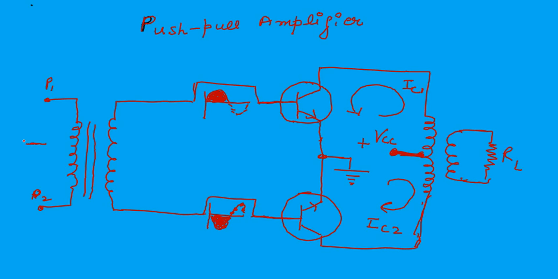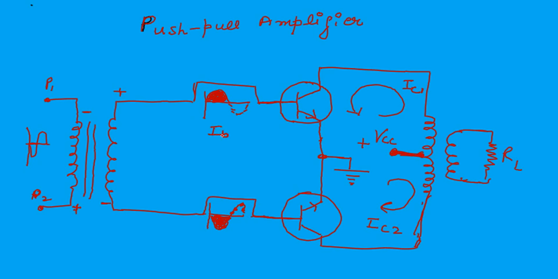Here the input signal is arriving at the primary of the transformer, and because of mutual induction, the signs come here as plus and minus.